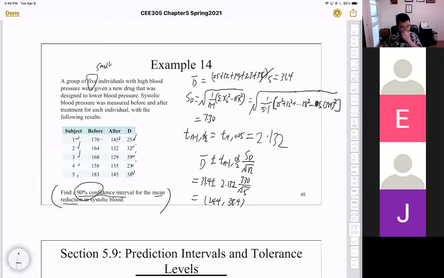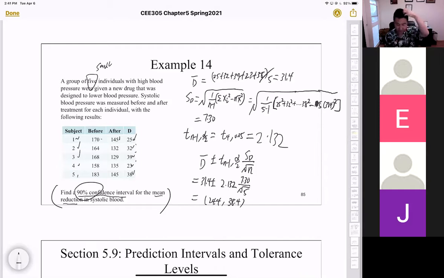All right. So that's the end for section 5.7. From 5.1 to 5.7, we discussed all about confidence interval, depending on, for example, the sample size, large or small, or questions asking for population mean, or difference between two means, or proportion, or difference between two proportions, and paired data also.